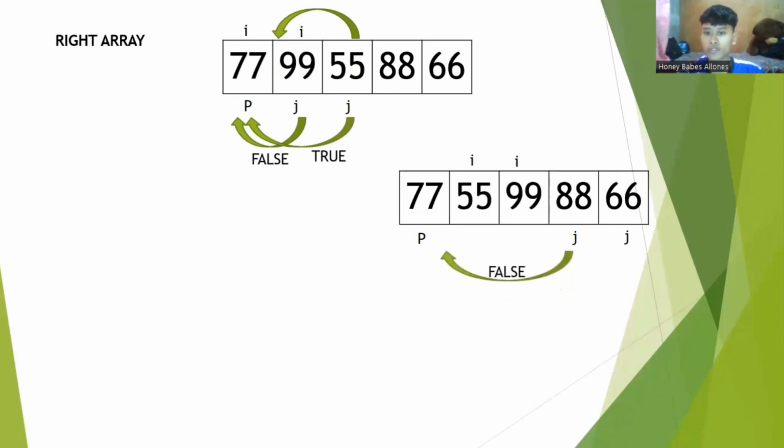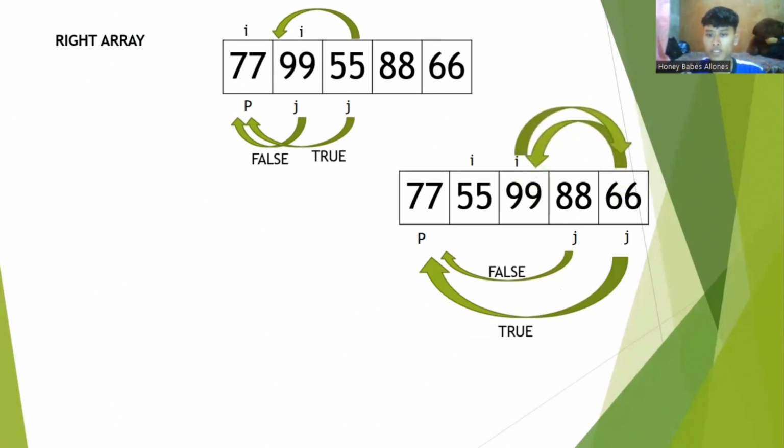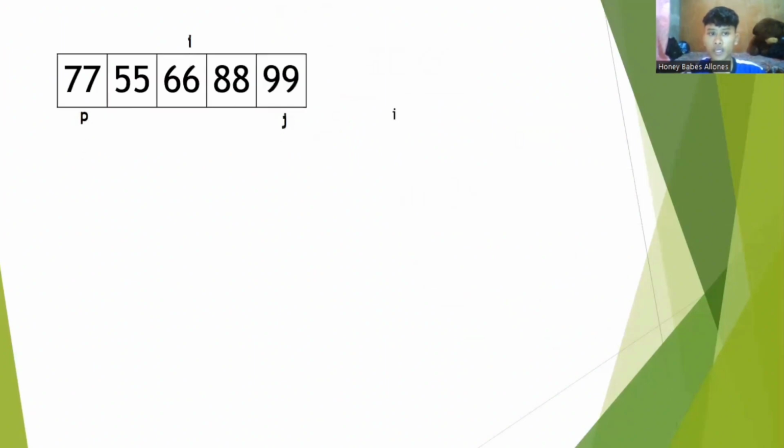So we'll move J to another element. J is greater than our pivot, which is false, I will stop and J will move to another element. J less than our pivot is true, so I and J will exchange places. I and the pivot will exchange places also.